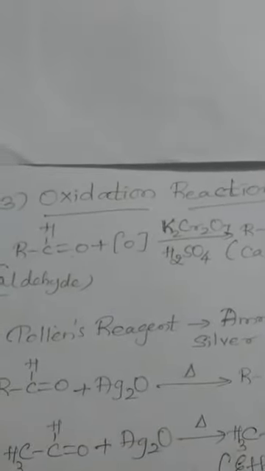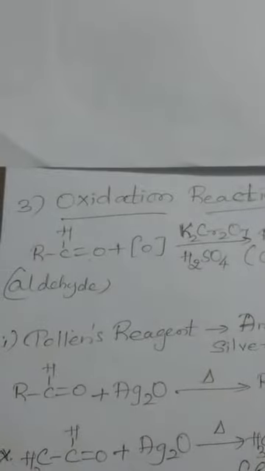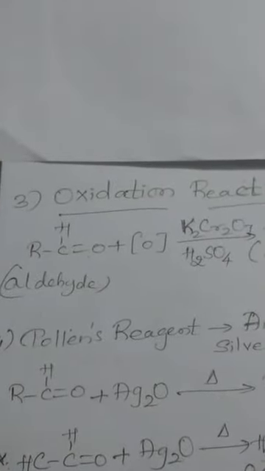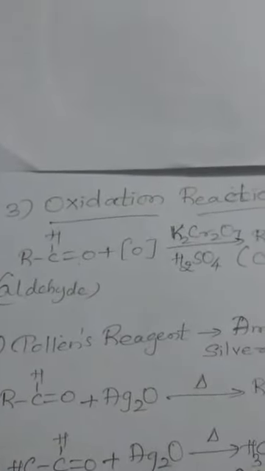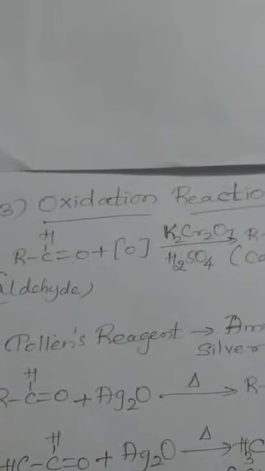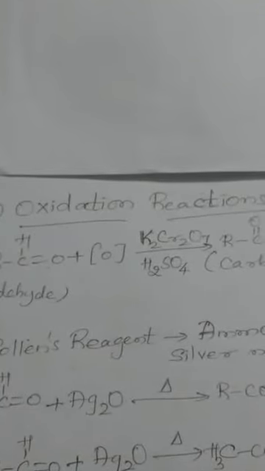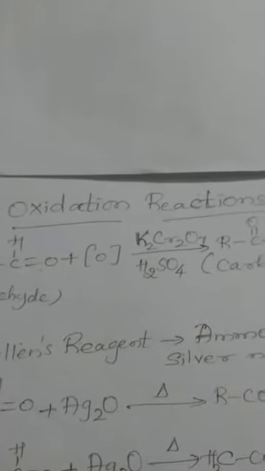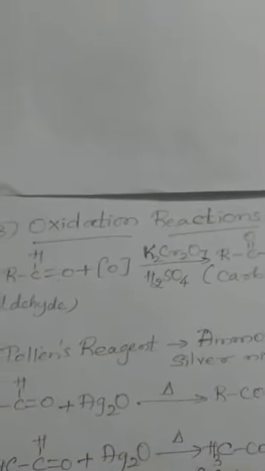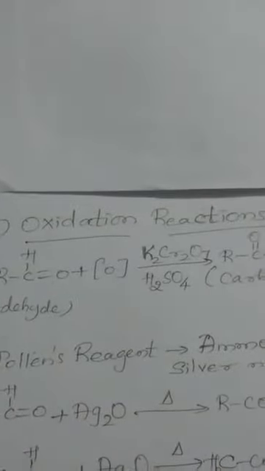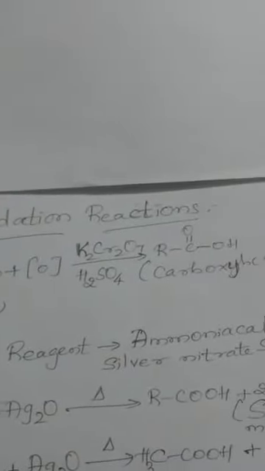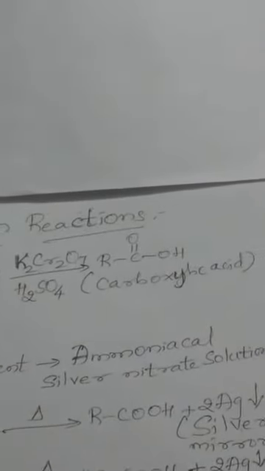If you look at the general equation, RCHO is the general formula of an aldehyde. The nascent oxygen written in the square bracket is obtained by the reaction between K2Cr2O7, potassium dichromate, and H2SO4, sulfuric acid. Therefore the product obtained will be a carboxylic acid, RCOOH.